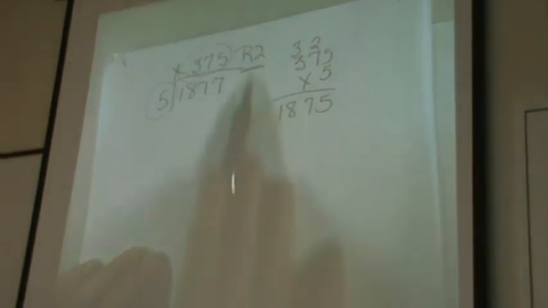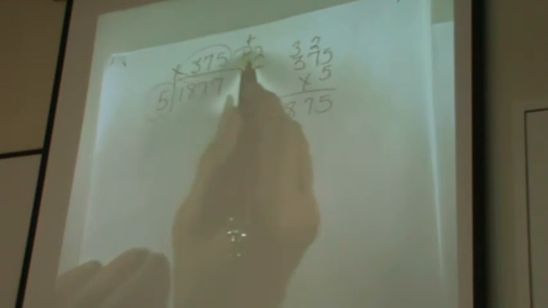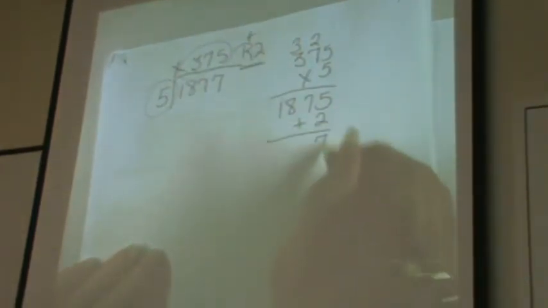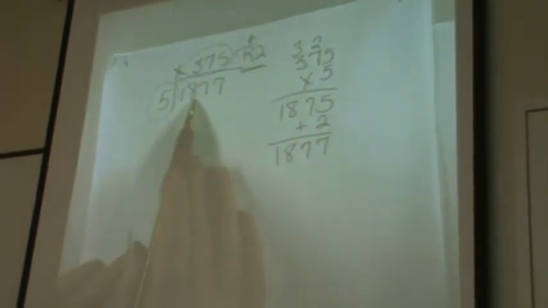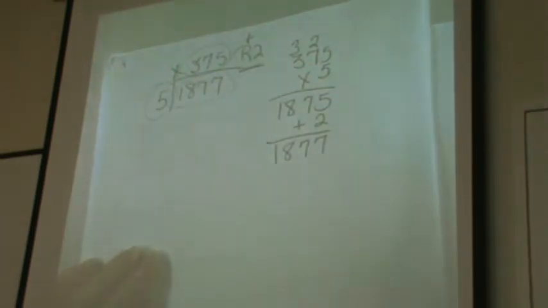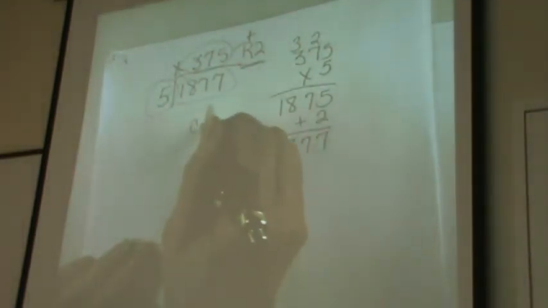What do you think we do with the remainder 2 here? We add it on. You're going to multiply these two, and then you're going to add the remainder. And did that come out to what we divided? Yes. If it comes out to this, it's correct. And so if you showed this work and we came out to it, all you have to write in the answer column is correct.